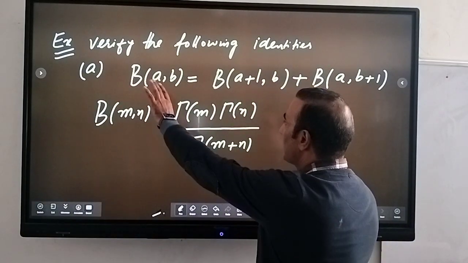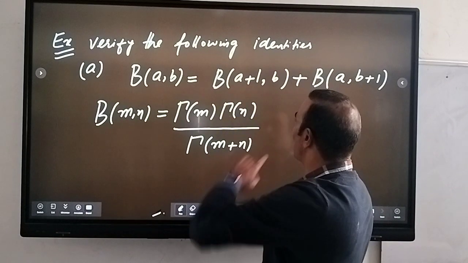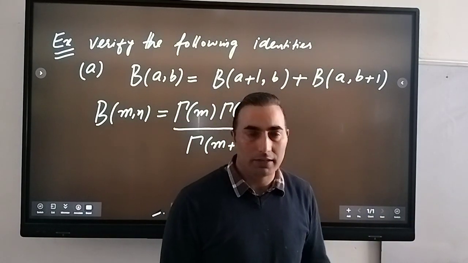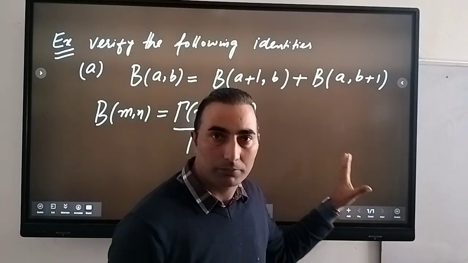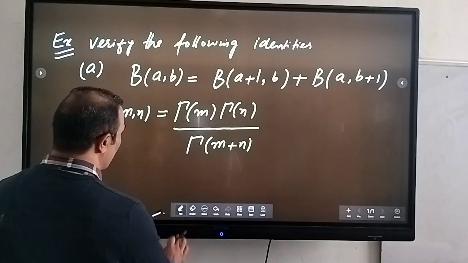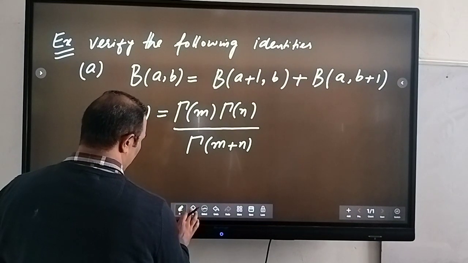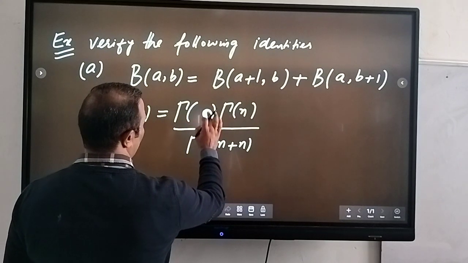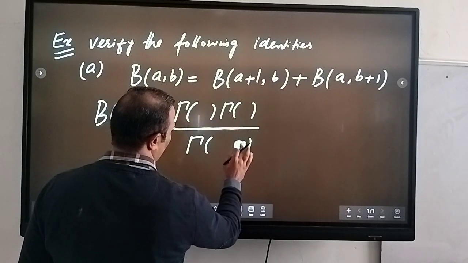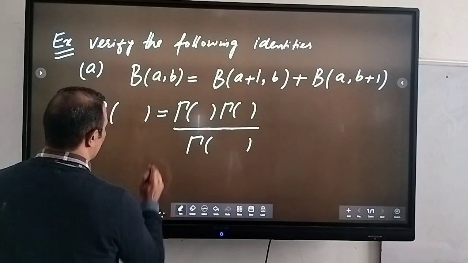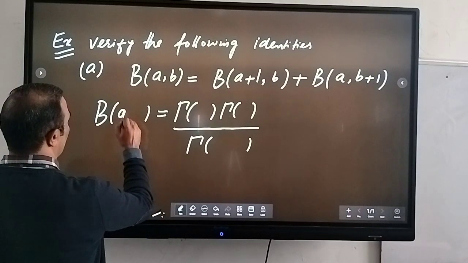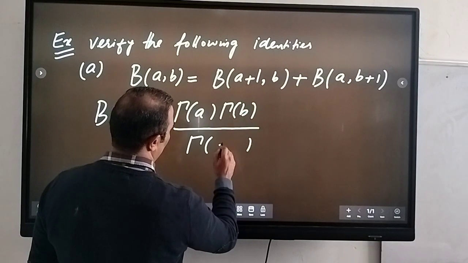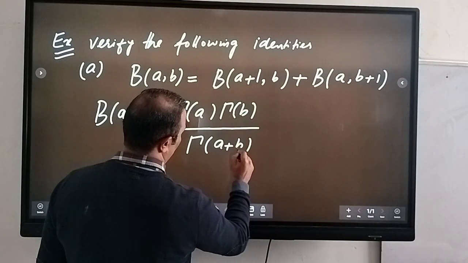We need to prove the identity that beta of a, b equals beta of a plus 1, b plus beta of a, b plus 1. Using this property, I can put the m, n values in place of a, b.